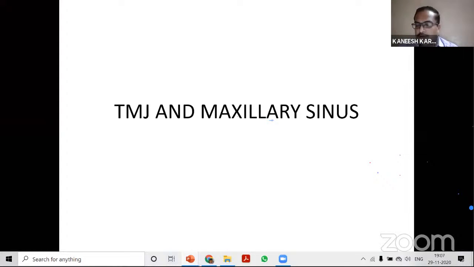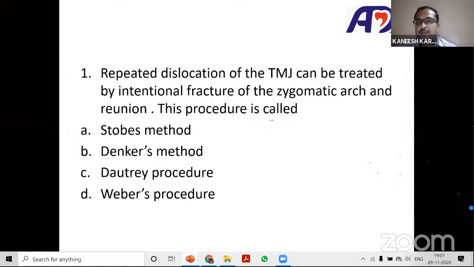So we'll move on to TMJ and maxillary sinus. Repeated dislocation of the TMJ can be treated by intentional fracture of the zygomatic arch and reunion. This procedure is called, okay, everybody has read well.